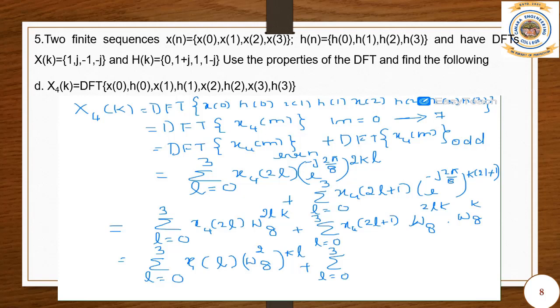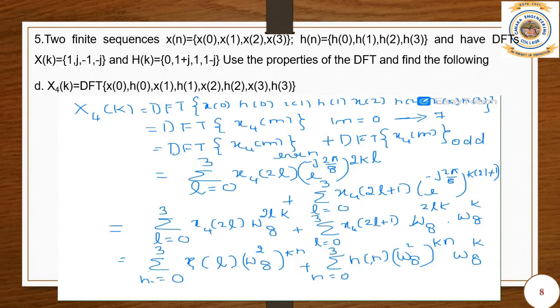So I can write h of L. If you are getting confused, let me make this as n. Similarly, here also I will make it as n. So this is h of n, w8 square kn, w8 to the k.